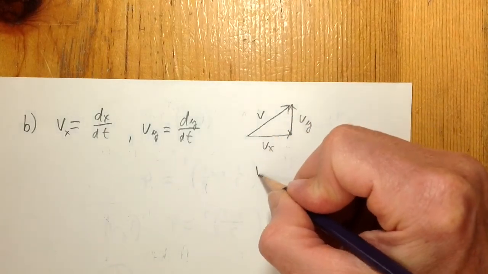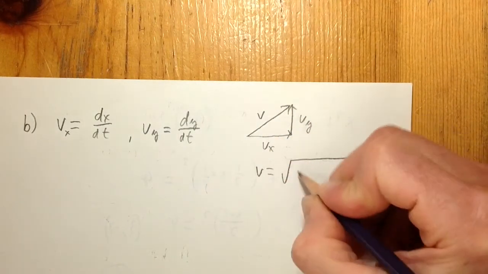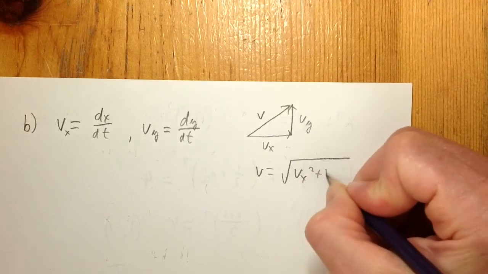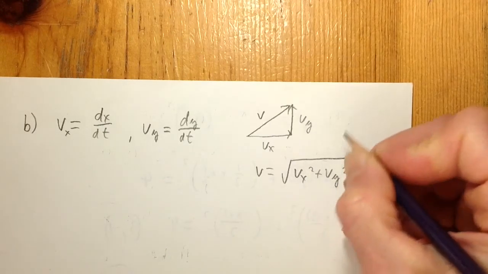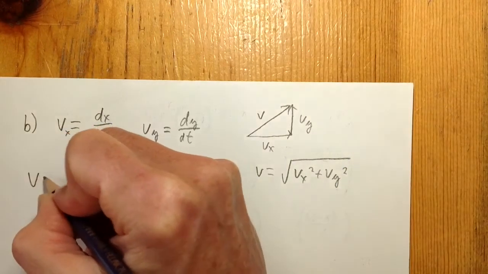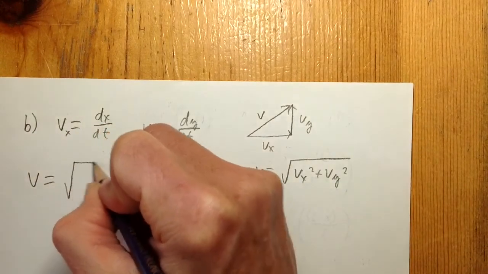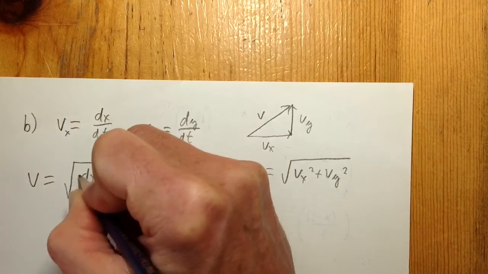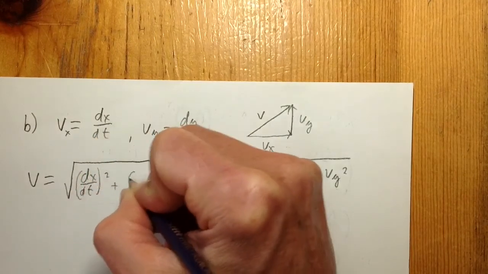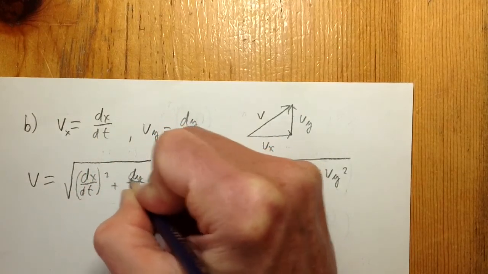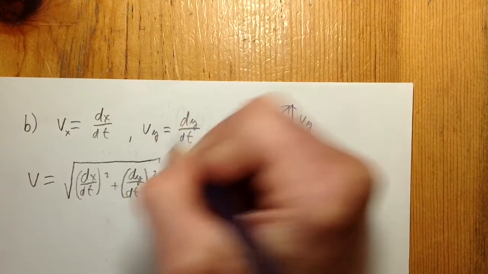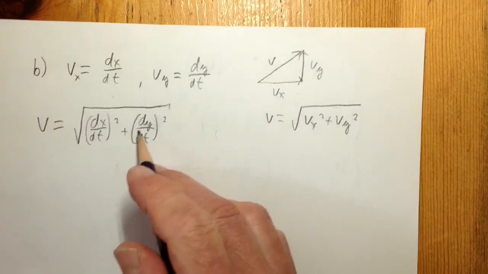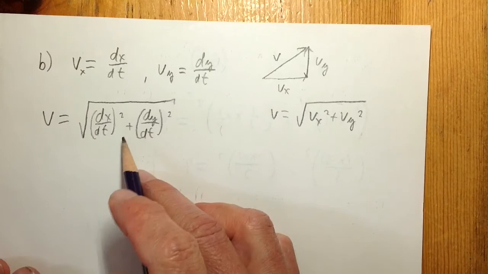So v then is equal to the square root of vx squared plus vy squared, which, if we put the derivatives in, v is equal to the square root of dx dt squared plus dy dt squared. So this is another fundamental formula that you're going to use for all the parametric equations ones.